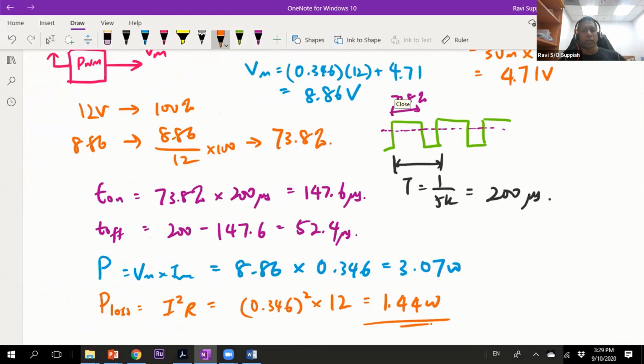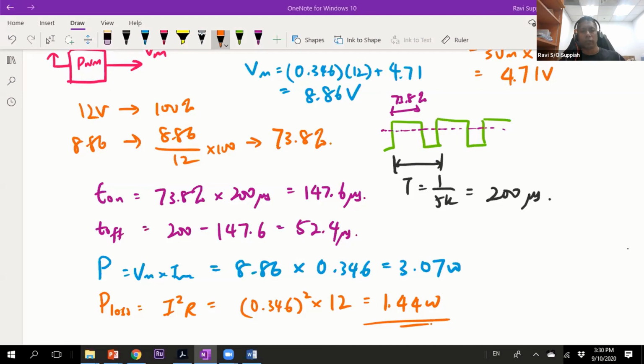The back EMF, will it have power loss? The back EMF is basically generated while current is flowing. Will there be losses there? Yes, but in our case we simplify the approach to say that whatever losses can be characterized by the loss in the internal motor resistance.